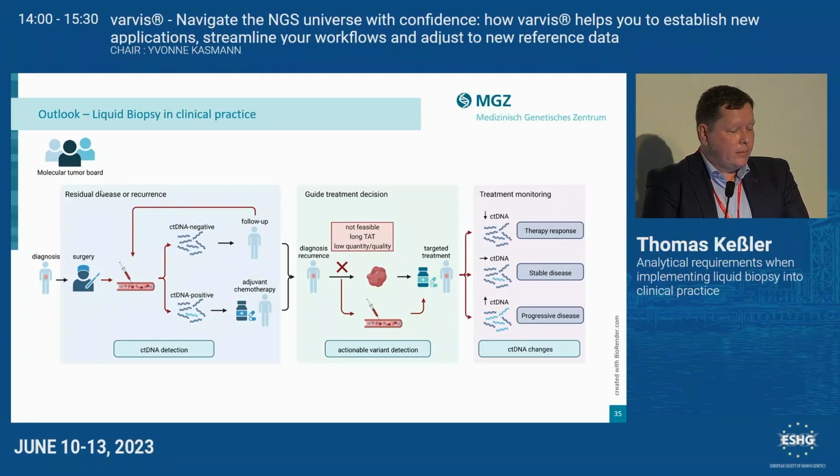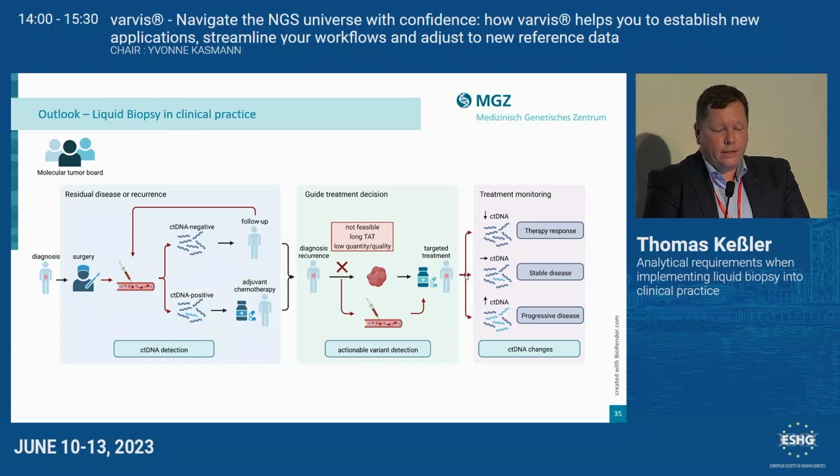Then, as I mentioned, you have the possibility to detect minimal residual disease or recurrence of a tumor and make a decision, based on the presence or absence of ctDNA in the blood, whether you want to put a patient on chemotherapy, for example, or rather not.